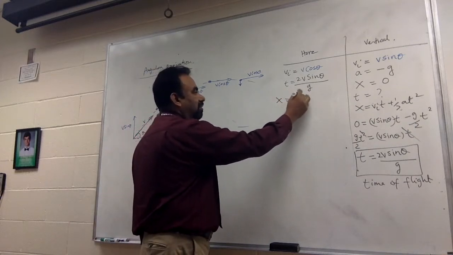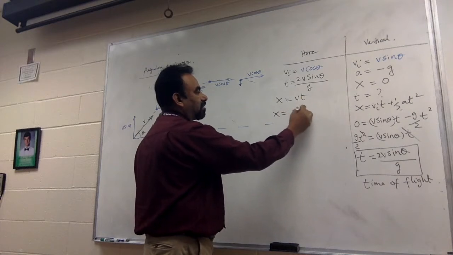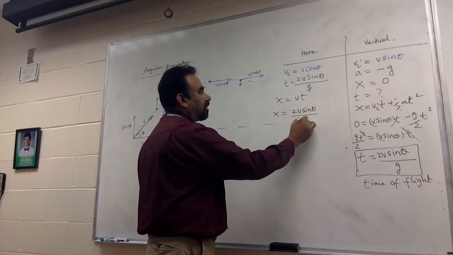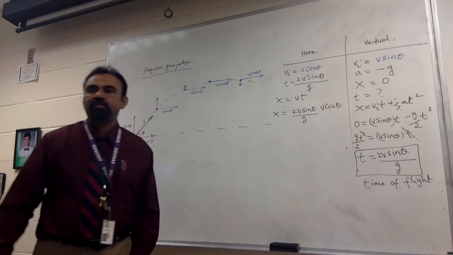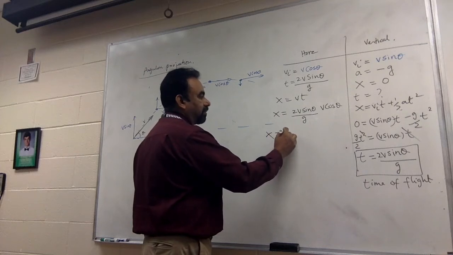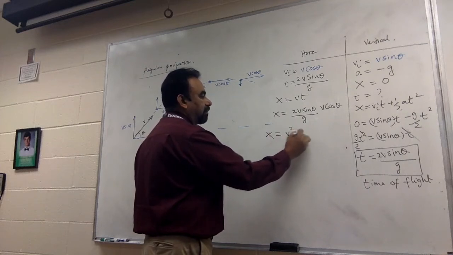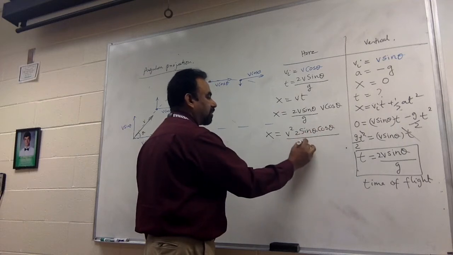We can find x is equal to vt. So what is x? x is 2v sine theta over g times v cosine theta. Now putting them together, x is equal to v squared 2 sine theta cosine theta over g.